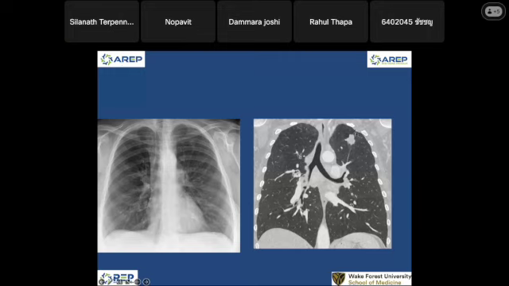So this is an example of lung cancer, and I want to show you how many we miss on chest radiograph. I don't know about this case whether we missed it or not, as I haven't looked at the history, but I'm going to show you how subtle lung cancer can be, and then become this bad looking on CT.